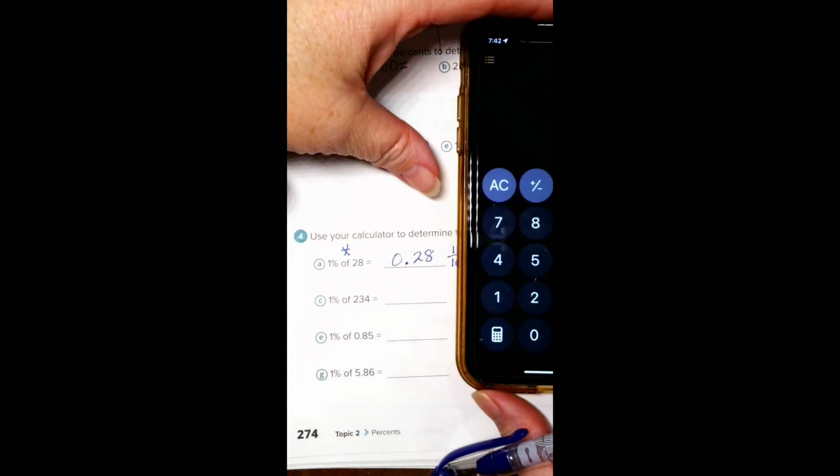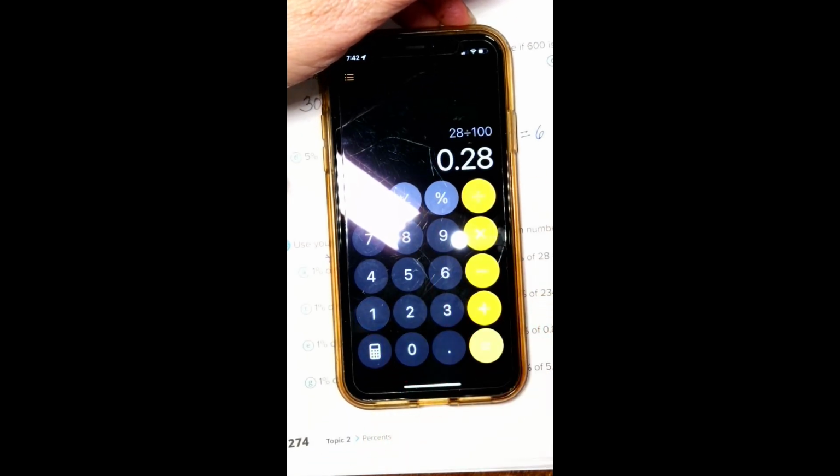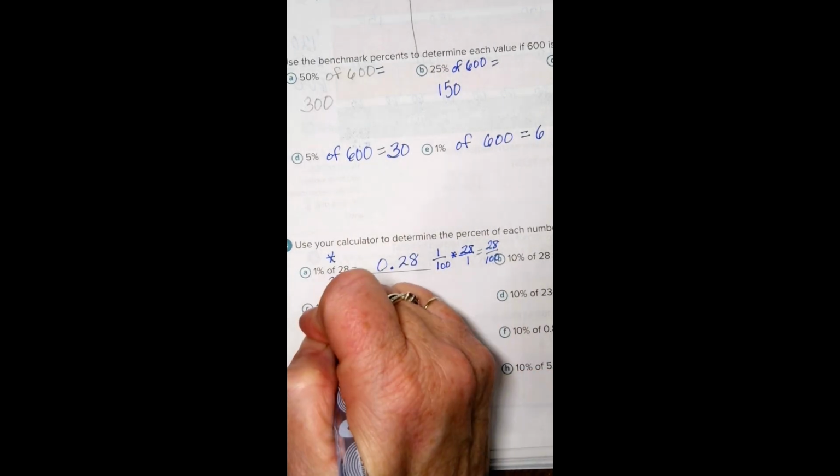This is what we started the lesson with. If I multiply straight across, I get 28 over 100, which is the same as 28 divided by 100. If I do 28 divided by 100, I get 0.28. And remember when we said if you're dividing by 100, you're moving the decimal 2 places to the left. Our decimal point started after the 8. 2 places to the left is going to be 1, 2.